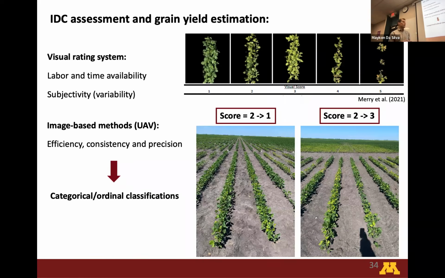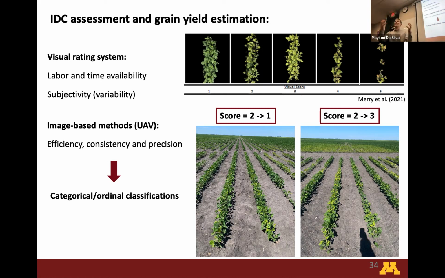And what intrigued us is that when we were evaluating or rating plots in the field, this phenomenon occurred. We rated 2 plots as 2, as shown by these 2 figures here. They were both rated as 2. However, this one on the left here was almost a 1 because there were not a lot of symptoms. And this one on the right here could almost be a 3 because there were way more symptoms.